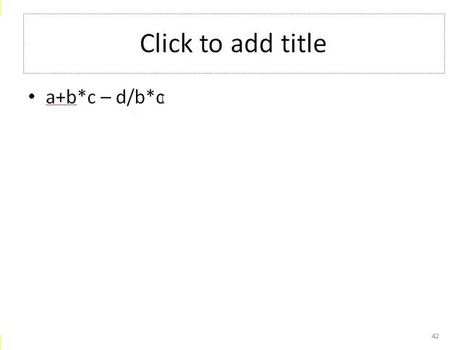So the variables are operands, and we have those mathematical operations. The number of operands in this expression exceeds the number of operands allowed in three address code representation.